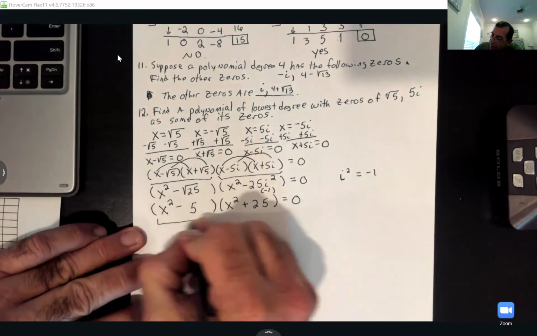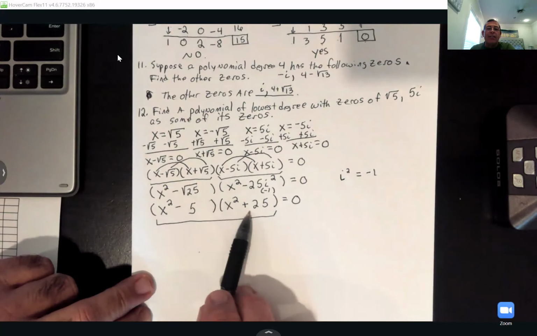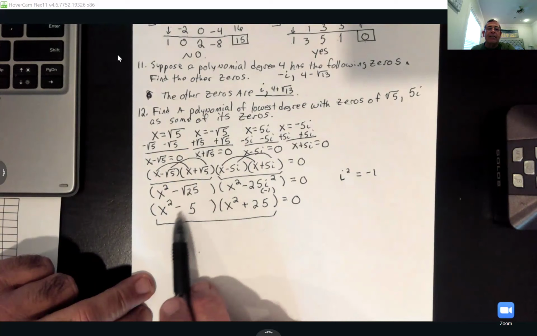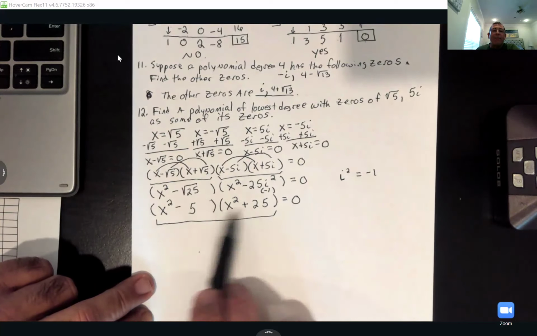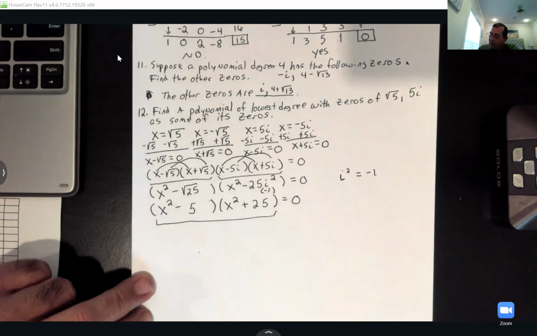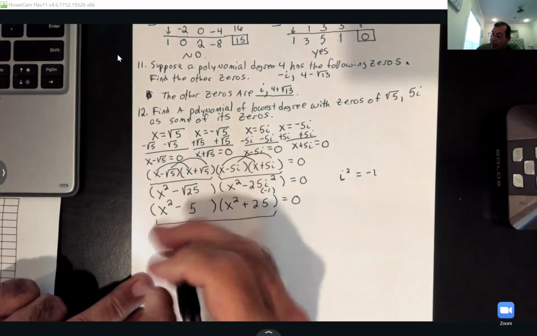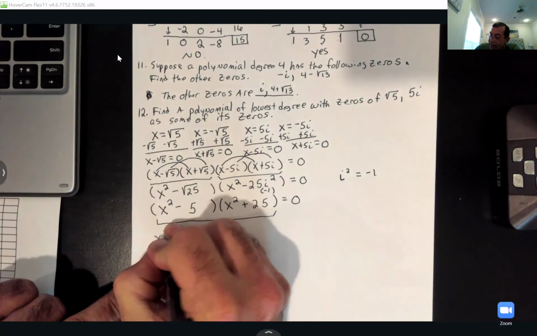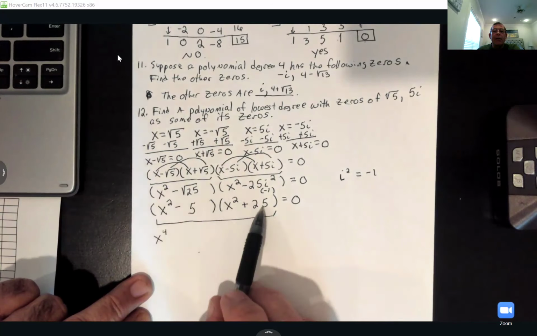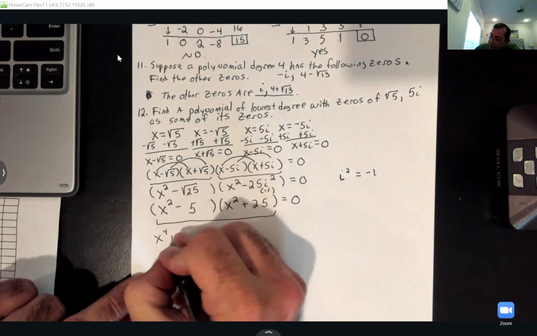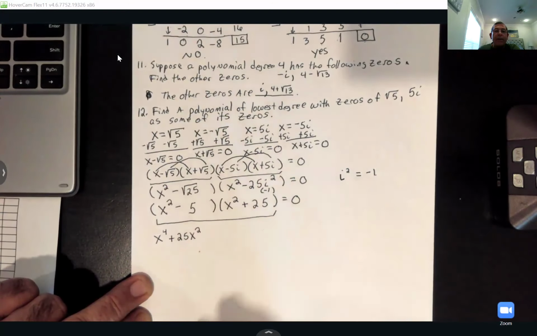All right, now, I will foil this the long way because these are not conjugate pairs. That's got a negative 5. That's got a plus 25. So we got to foil this one all the way out. So here we go. X squared times x squared is x to the 4th. X squared times 25 is a positive 25x squared.